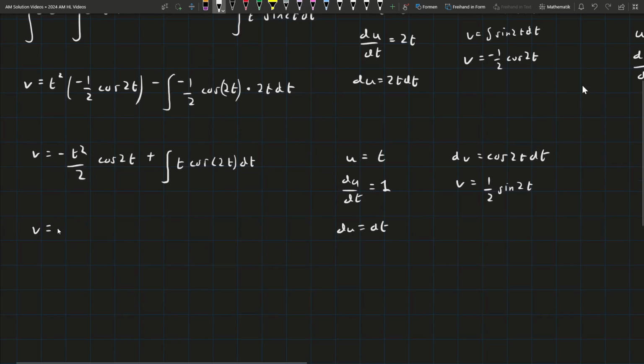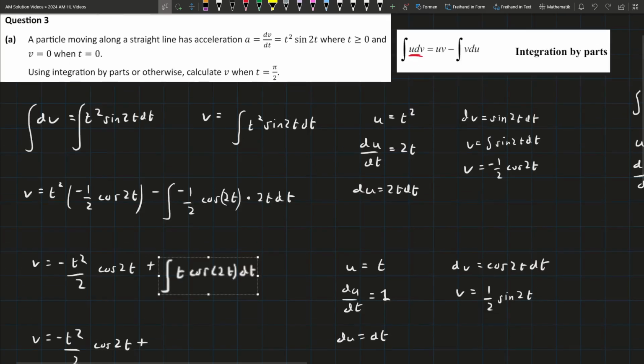So v equals minus t squared over 2 cos 2t. That hasn't changed. What we did right here is replacing this integral. So we'll have plus, and then instead of this integral, we are going to have whatever we get from this. So it's going to be uv.